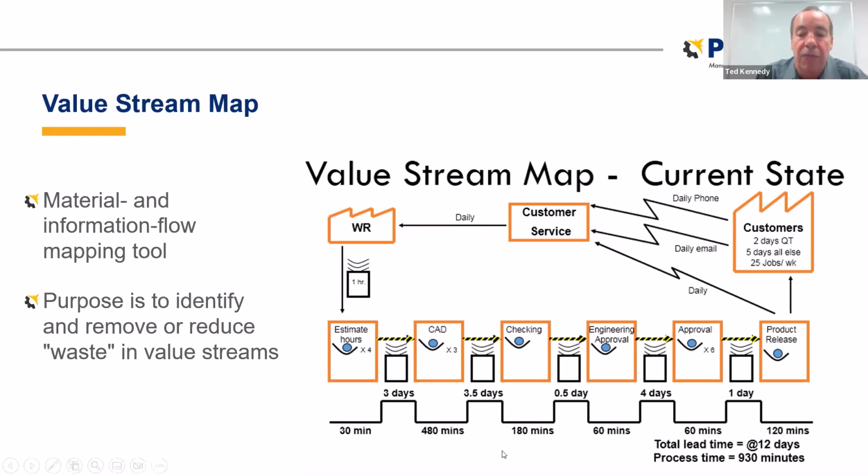If you could eliminate a lot of these delay times, you could get the customer's product released much, much faster. So this is taking quite a bit of time, over 12 days, but only really 930 minutes of actual processing time. So all of this is waste, all this is inventory waste between the processes.